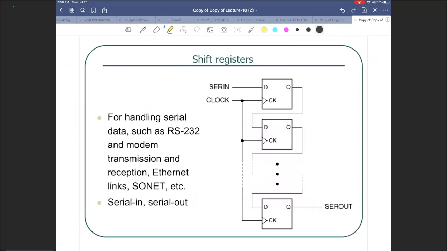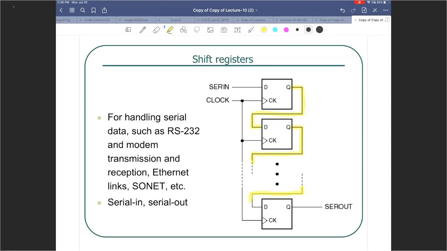And this is how we do it. We do it using multiple D flip-flops. So let us say that we have a bunch of flip-flops over here, and they are connected in a cascaded manner. As you can see, the output of this flip-flop is connected to the input of the next flip-flop, and so on.